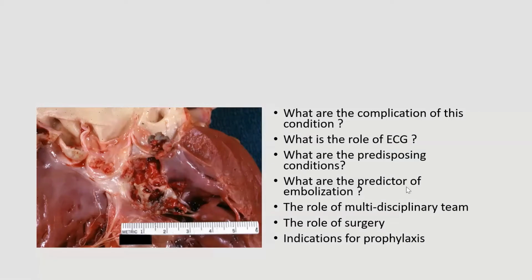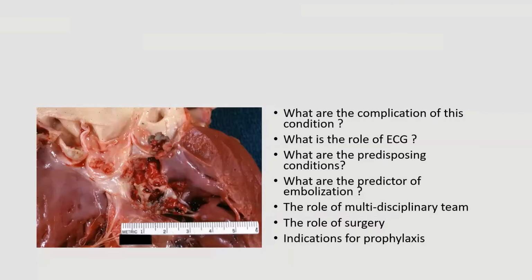And we said the predictors of embolization are, just to remind you again, related to which valve, which cusp, the size, and the mobility. So let's do it again. What are the predictors? Mitral more than aortic.